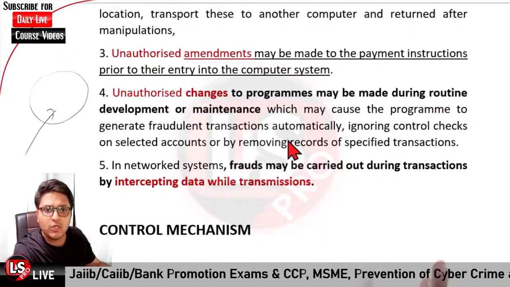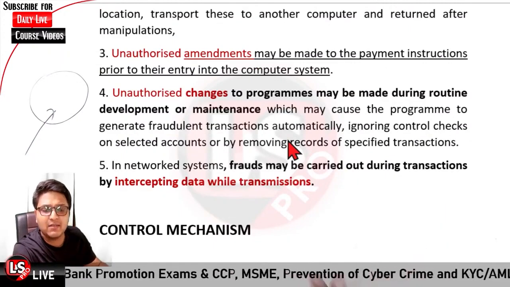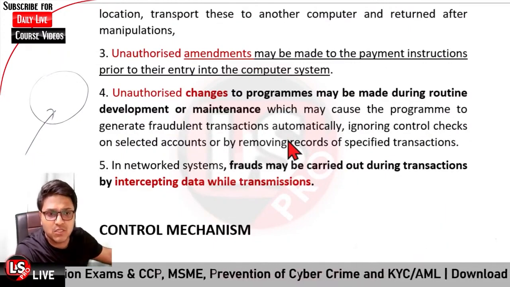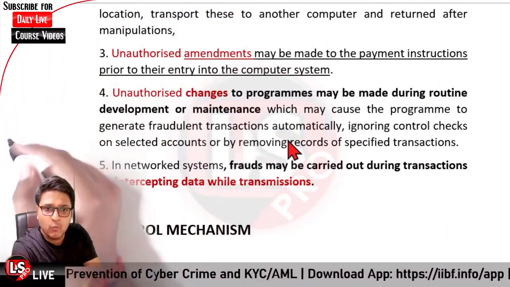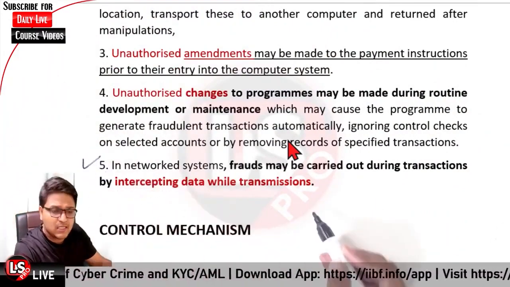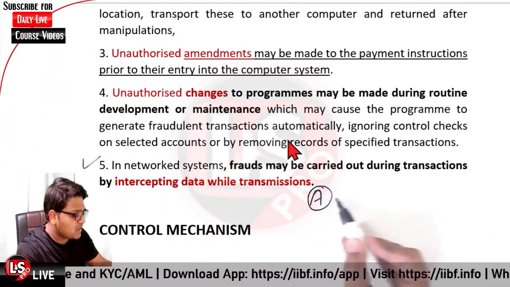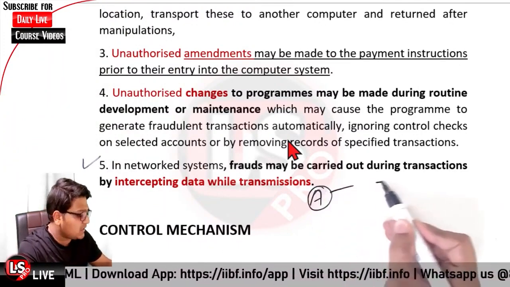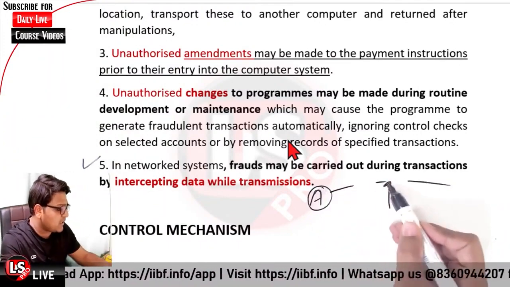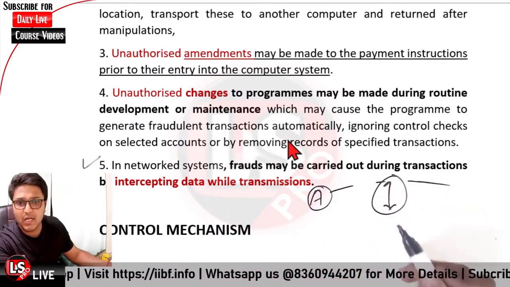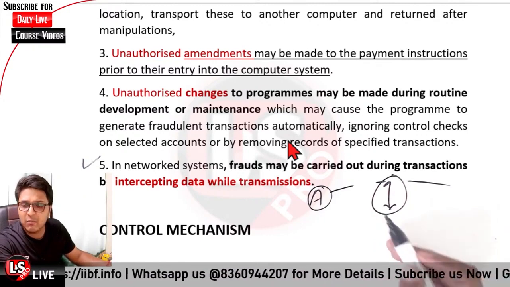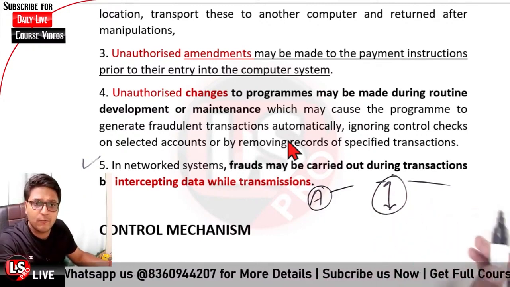Fraud may be carried out during the transactions by intercepting data during transmission. This point is to be looked into effectively. When A is performing a transaction with the bank and the data is intercepted in between and some unauthorized changes are made, in that case it may also lead to some fraud.